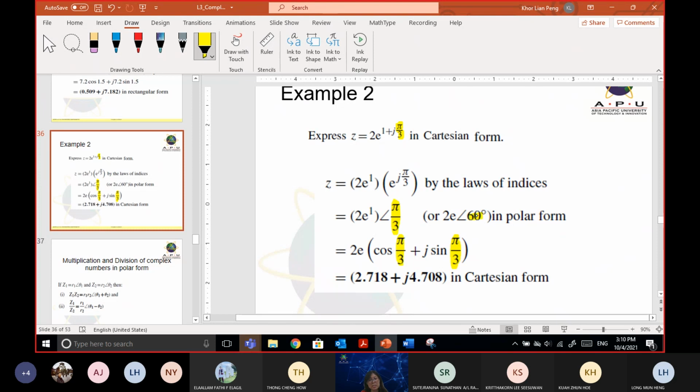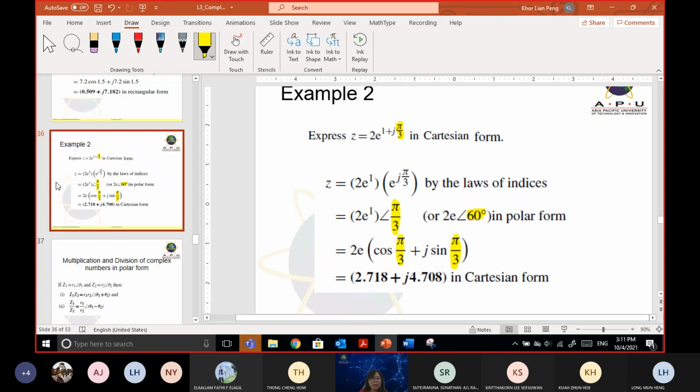Else you need to convert to 60 degrees, which I don't think you should do. You can just change the mode of your calculator to radian, then you get the answer. I'm not sure whether I answered your question. Okay, miss, thank you. Any other question? Okay, so it's clear.